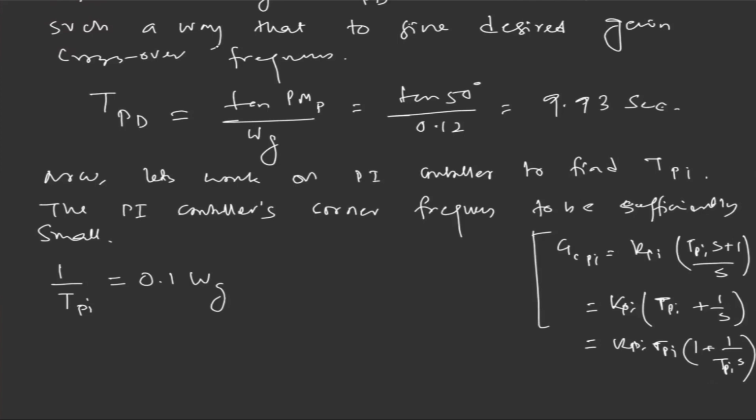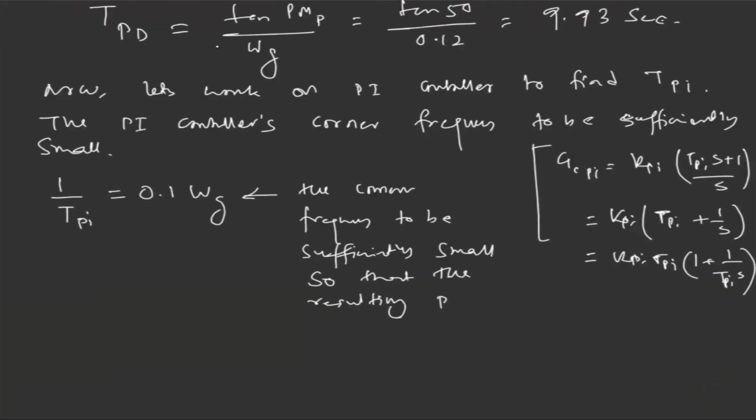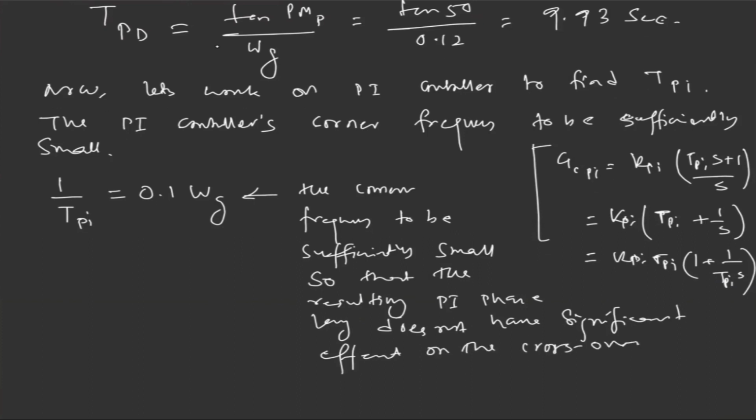So what I'm assuming is we are assuming the corner frequency to be sufficiently small so that the resulting PI phase lag does not have a significant effect on the crossover region of the open loop response.